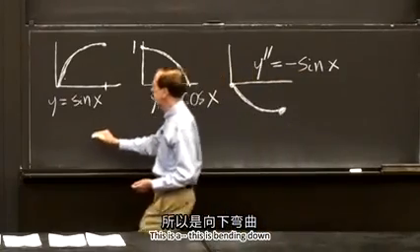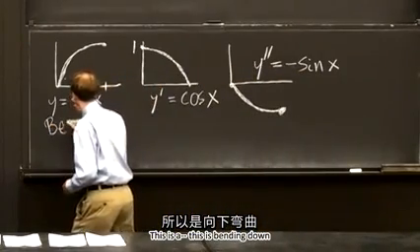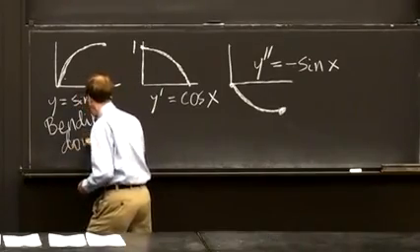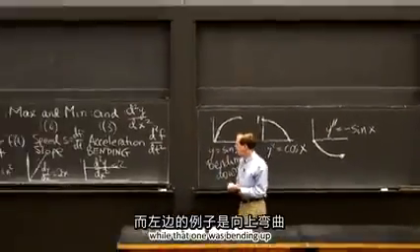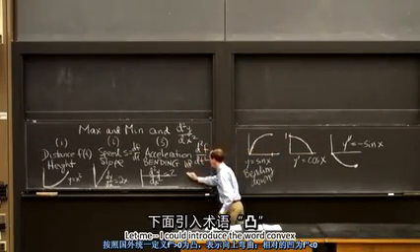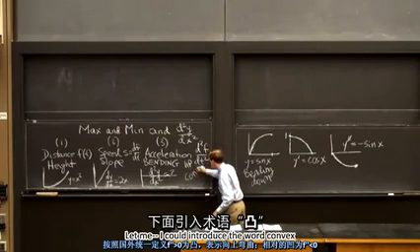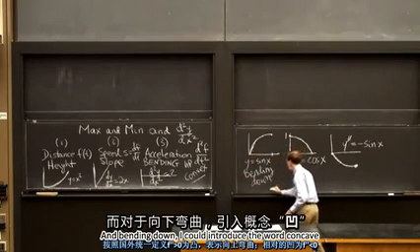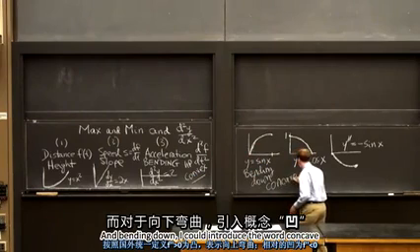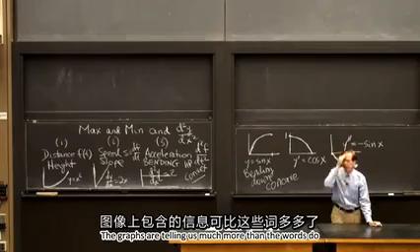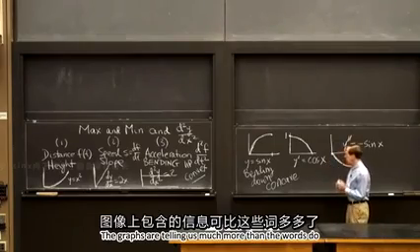This is bending down, where that one was bending up. I could introduce the word convex for something that bends upwards, and bending down I could introduce the word concave. But those are just words. The graphs are telling us much more than the words do.